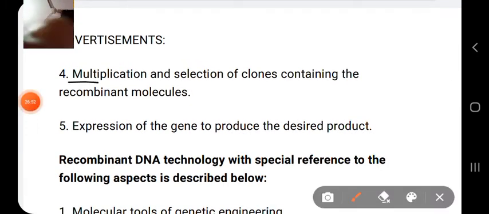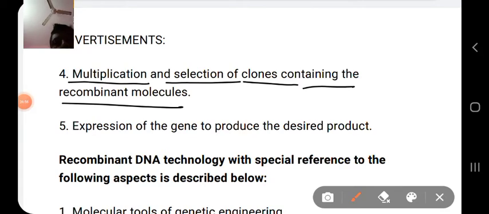Then multiplication and selection of the clones containing the recombinant molecules. For selection, depending on what type of gene arrangement you have inserted into the plasmid, and whether the plasmid naturally has an antibiotic resistant gene or not, we can select our desirable clones containing the recombinant DNA molecules.